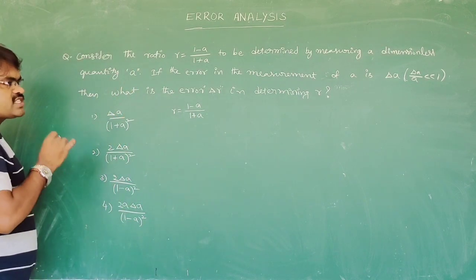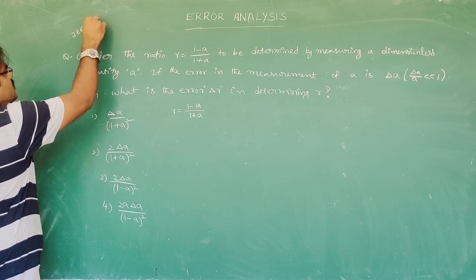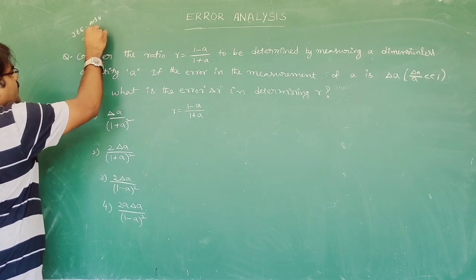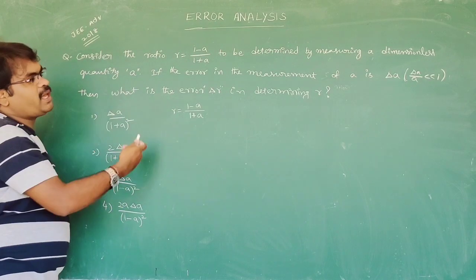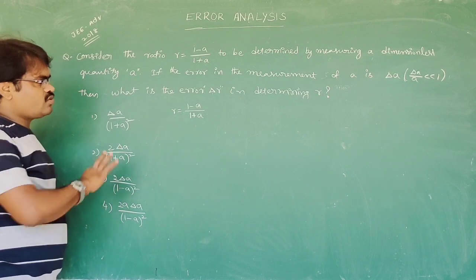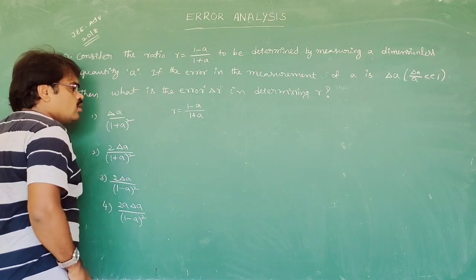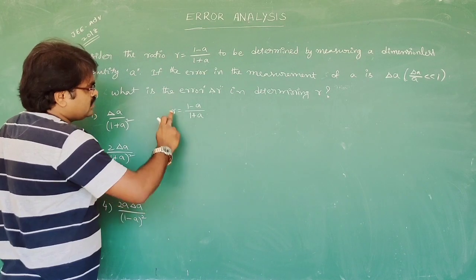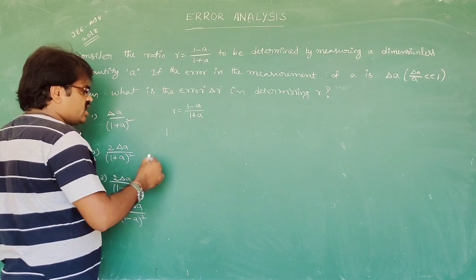This question is from JEE Advanced 2018. It is a paragraph question, a very lengthy paragraph will be there. That's why I am taking only the question here. Now, we can take log on both sides of this relation.